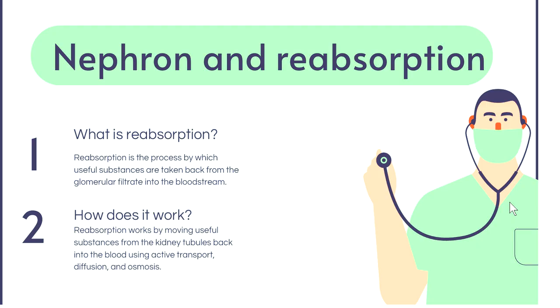Because we know that during the formation of the glomerular filtrate, not all the wastes going into the primary filtrate have to be taken away from our body, and not all of them are useless. So reabsorption is one process by which all the useful substances can be taken back from the glomerular filtrate into the bloodstream. How does it work?